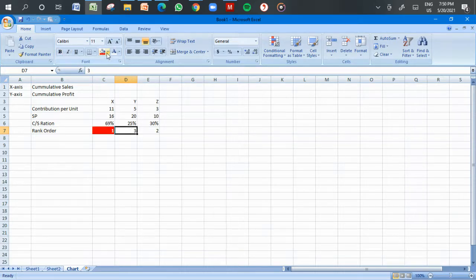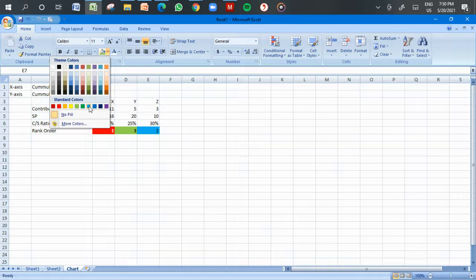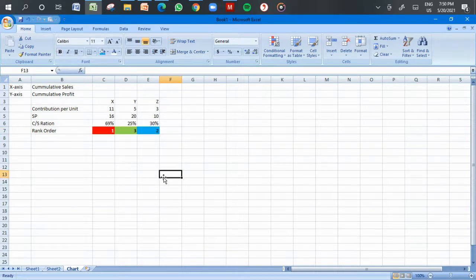Okay. Then your second step, before we go to the second step, let me just do some formatting here. The second step is to calculate the coordinates that you are going to put on your graph. Our coordinates should be comprised of these: on the x-axis we need the cumulative sales, and on the y-axis we need the cumulative profit. So what do we do?